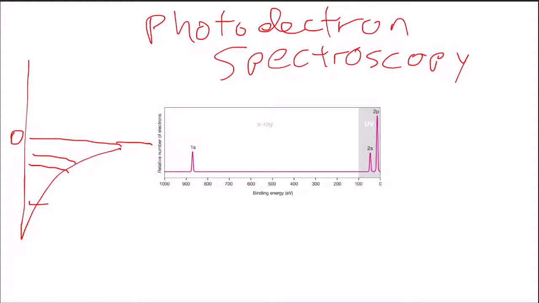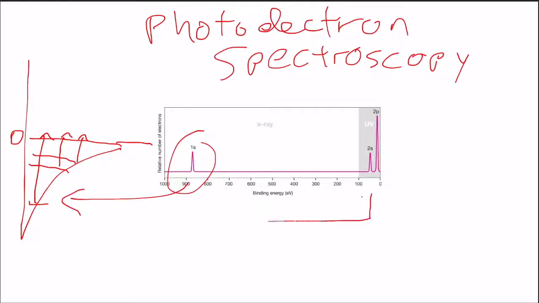And what we're going to be doing is shining X-rays until we release the electrons. As you can see, the 1s orbital requires the most energy. That would be this one. And then the 2s and the 2p that are closer together are going to be as such. And so we really can see that the 2p is the highest, requires the lowest amount of energy.